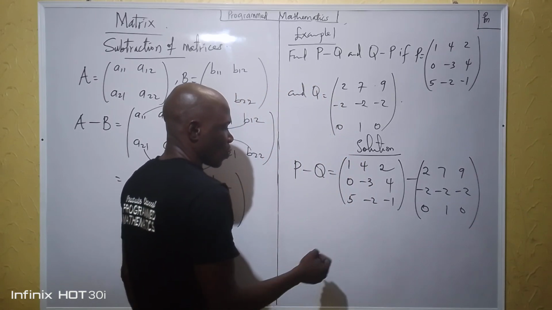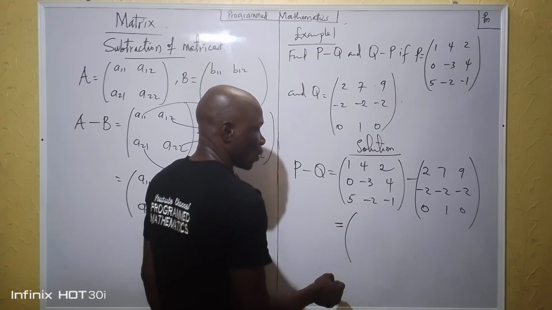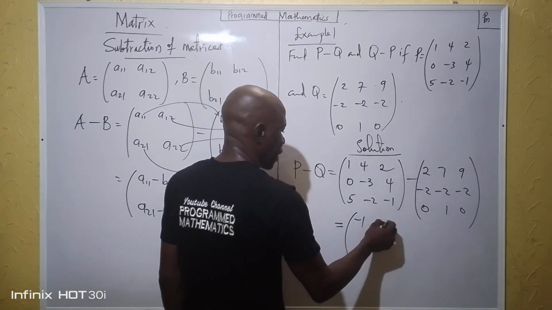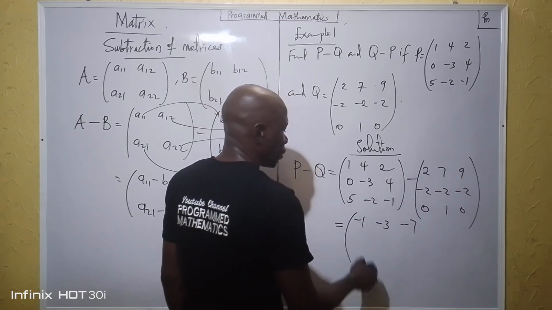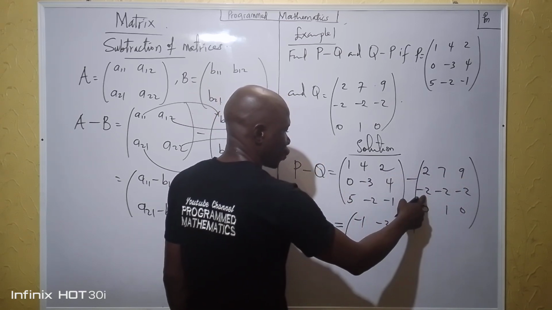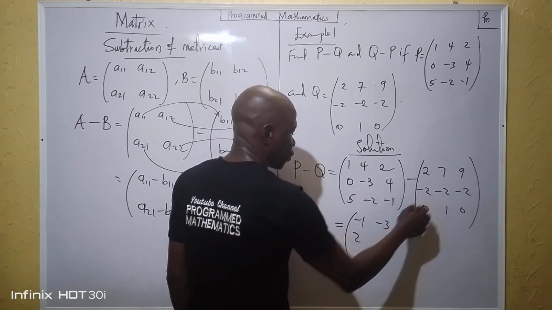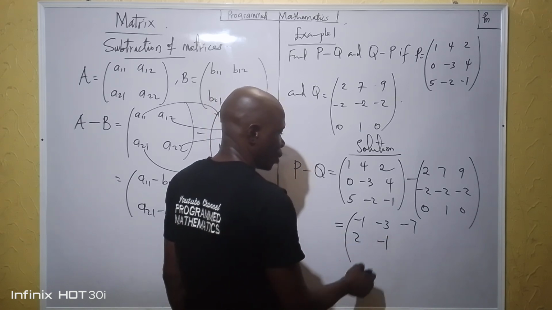When we subtract this, 1 minus 2 will simply give us minus 1. 4 minus 7 is minus 3. 2 minus 9 is minus 7. 0 minus minus 2, that is 2. Minus 3 minus minus 2, that's minus 3 plus 2, that's minus 1.